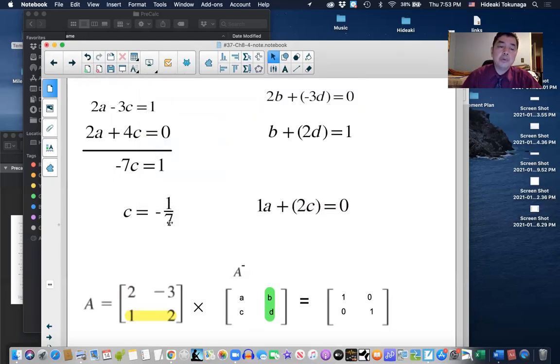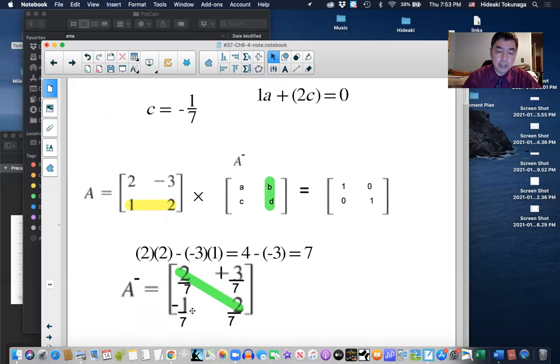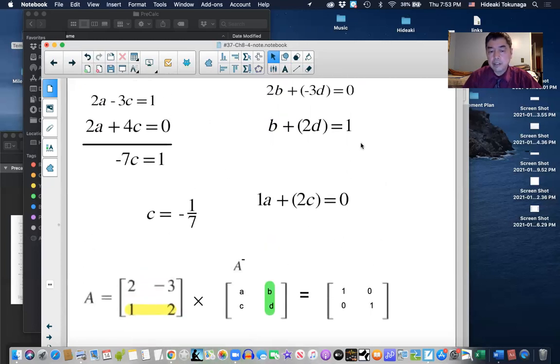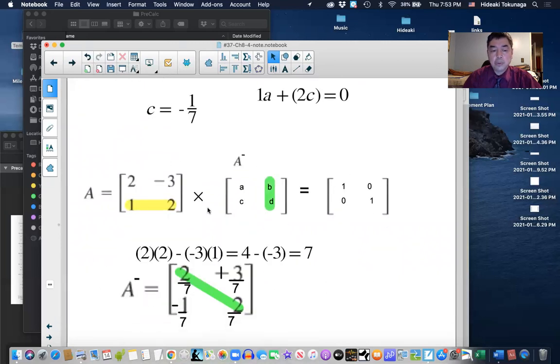Okay, we do the same process for this one. But we solve for this number right here on row 2 column 1, which is here. Look, it's negative 1 over 7. If you do everything, those processes, we will get these answers.